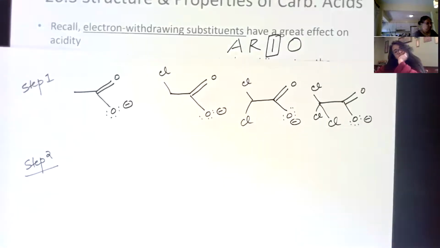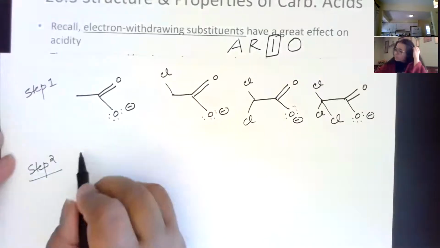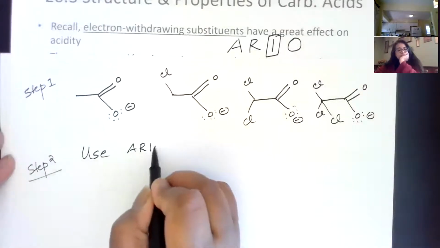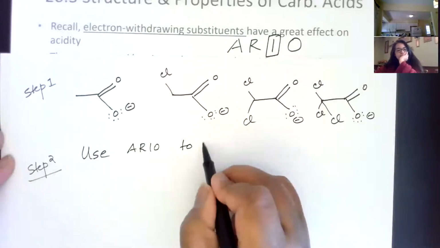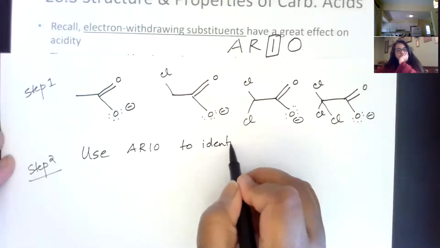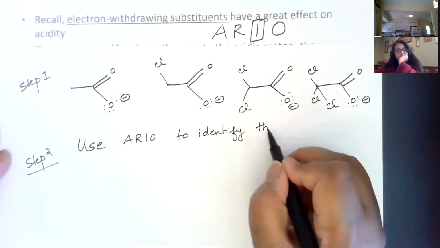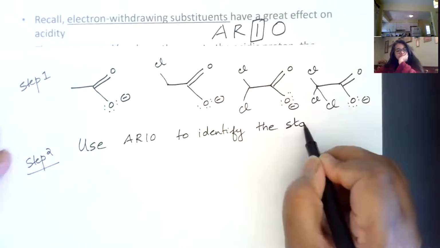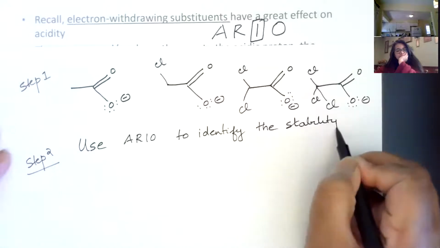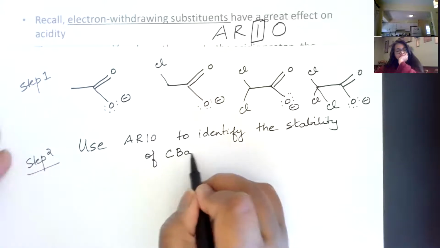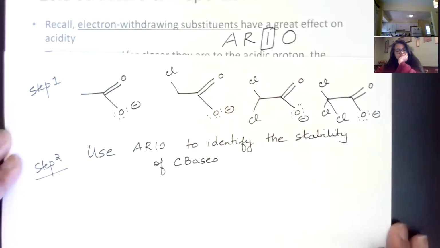Using ARIO, to identify the stability of the conjugate bases, right?